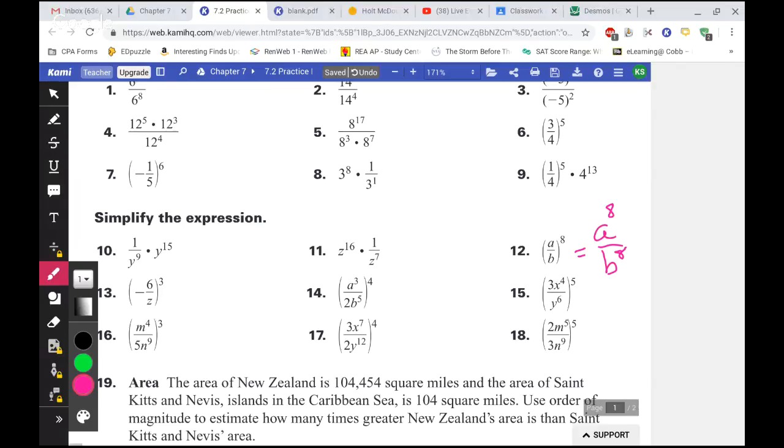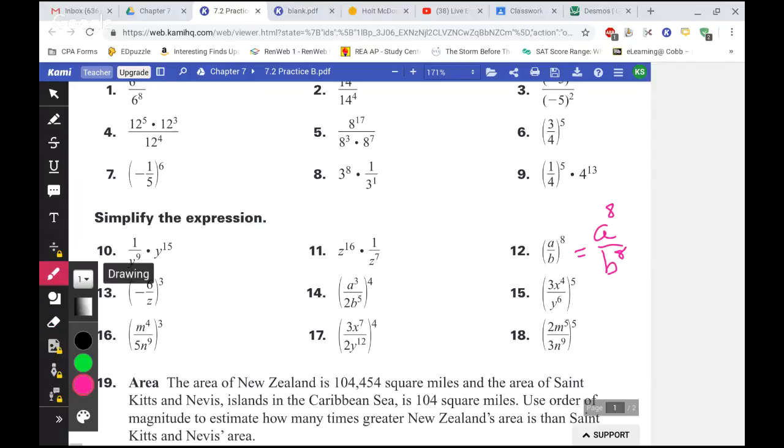You just distribute that exponent 8 to everything inside the parentheses. And that is very similar to what we had for the product property for exponents.